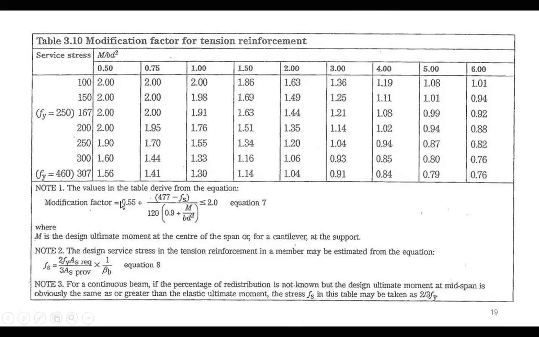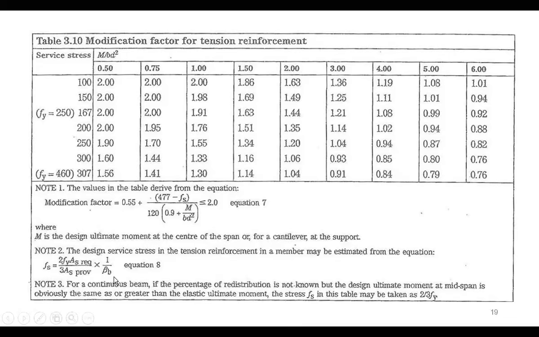Okay, so how to use this one? We have to get the value of M over bd², and we have to get the Fs. How much is this Fs? We get it from this equation here, according to the code. It equals 2/3 fy times As required divided by As provided, As required by design and the real area that you provided, times 1 divided by beta b.